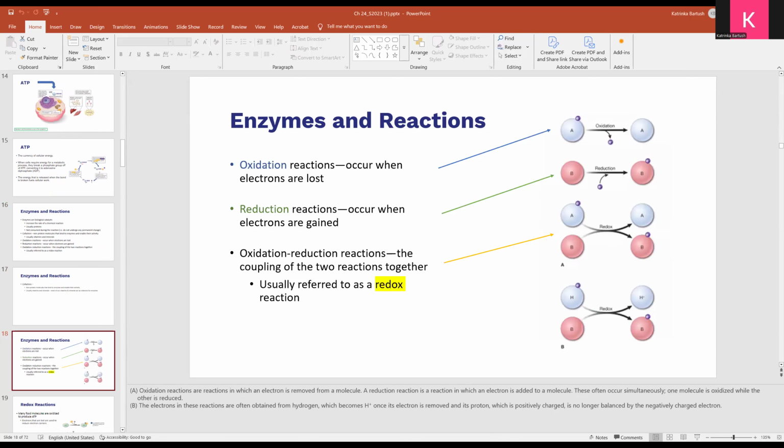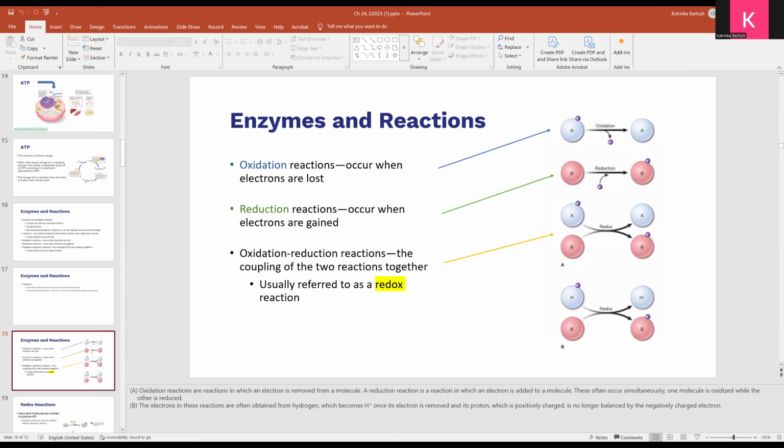So this is just a little bit to show you what oxidation and reduction kind of looks like. So in A, oxidation reactions are those in which an electron is removed from a molecule. And then a reduction reaction is where an electron has been added to a molecule. And again, these are happening coupled together, so it's almost simultaneously.